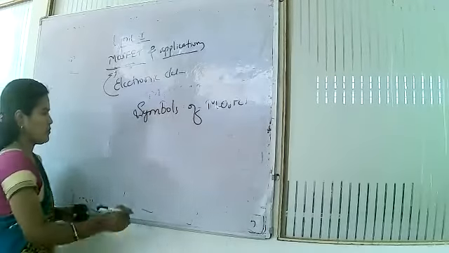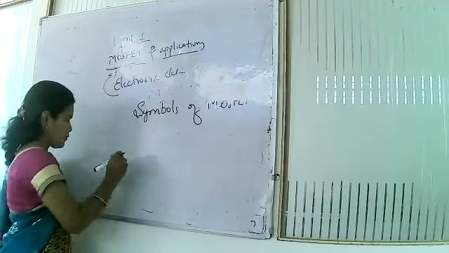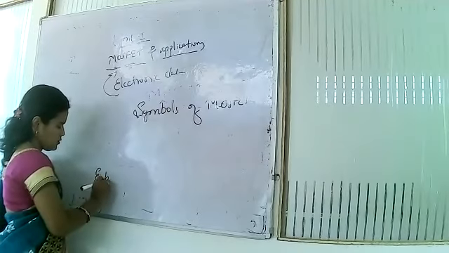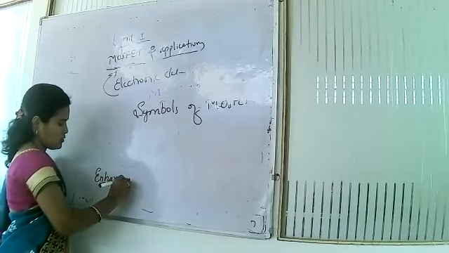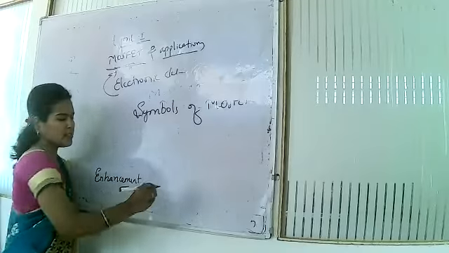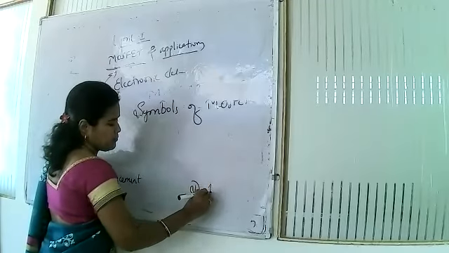Symbols of the MOSFET. I told you there are two types: one is enhancement, the next is depletion.